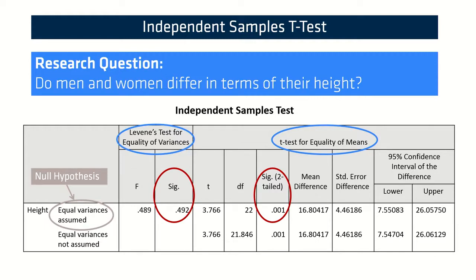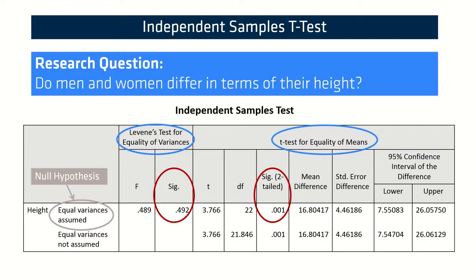In this example, we are testing whether men and women differ in terms of their height. The result of the Levene's test is greater than 0.05, which means that we accept our null hypothesis that equal variance is assumed. We would then proceed to read from the top row, where we would look at the result of the t-test.